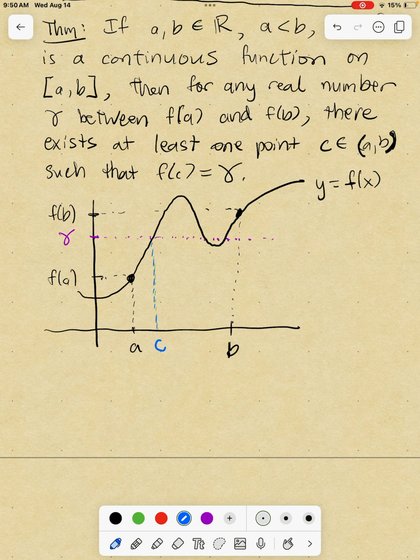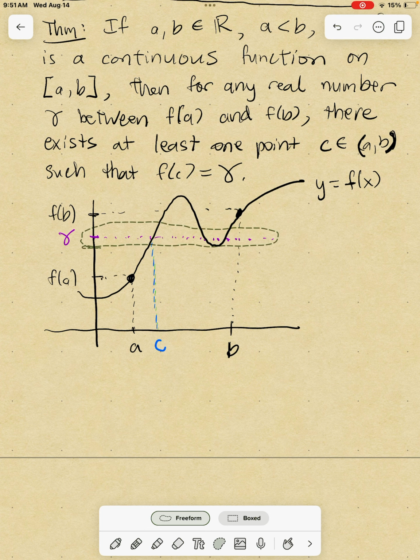If you have this point f of a and this point f of b, it's not going to be possible to get from here to here without crossing this line.